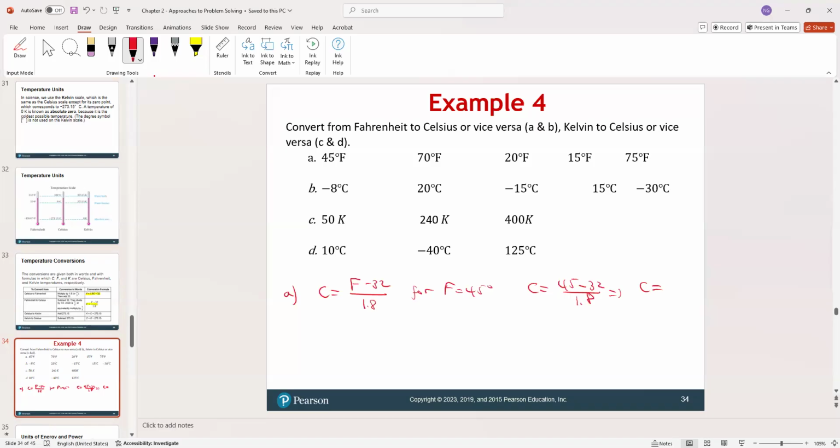Those are the things you really need to figure out because we're going to use them all the time. So if I use my calculator, that will be 7.2 degrees Celsius, right?